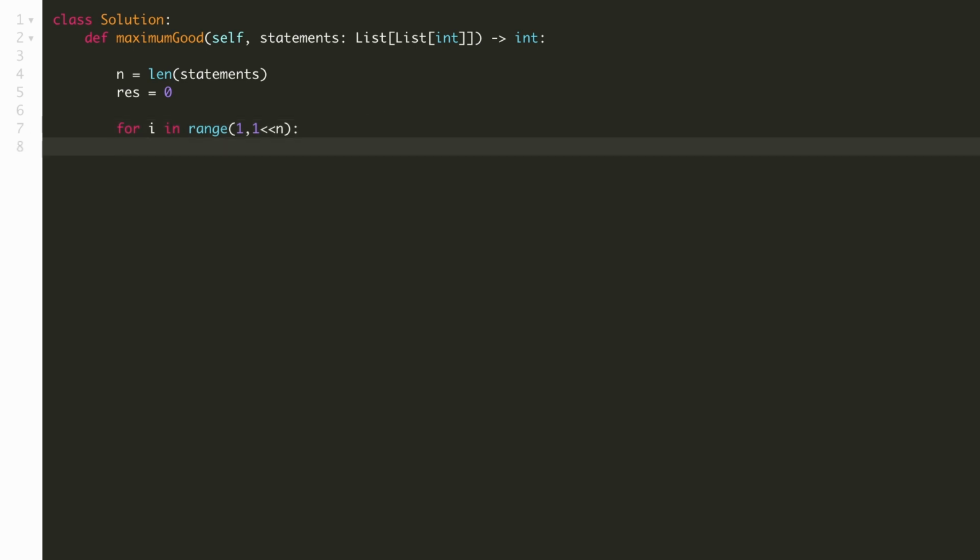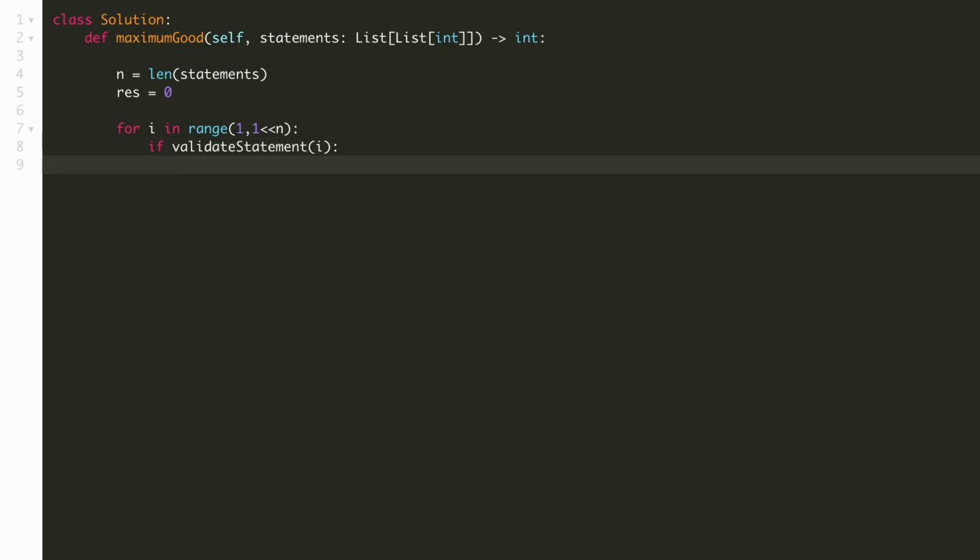And now we would write our standard bit masking code where we have to validate each and every statement from our bit mask. And if it is valid, in that case, we would have to update our answer. This part over here would count the number of bits that are set.